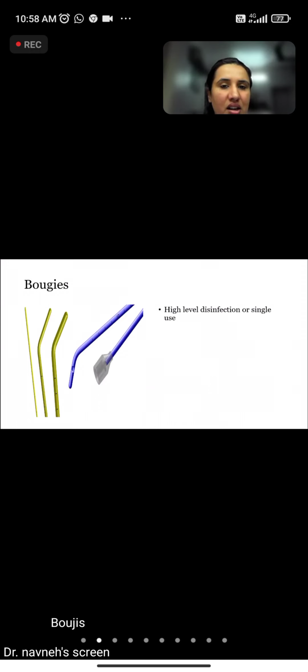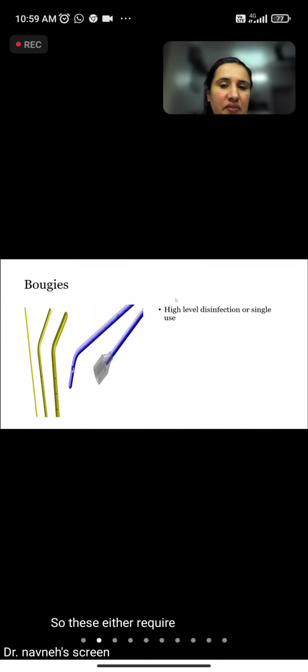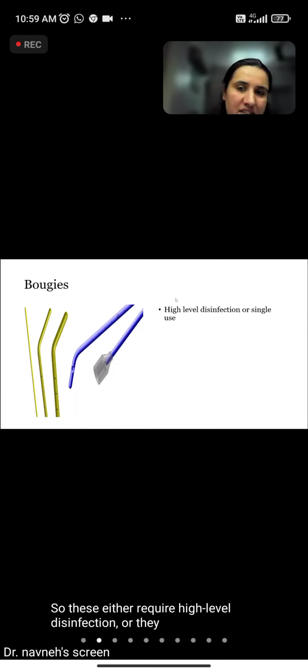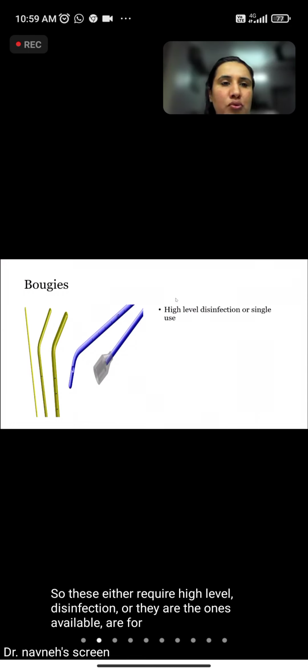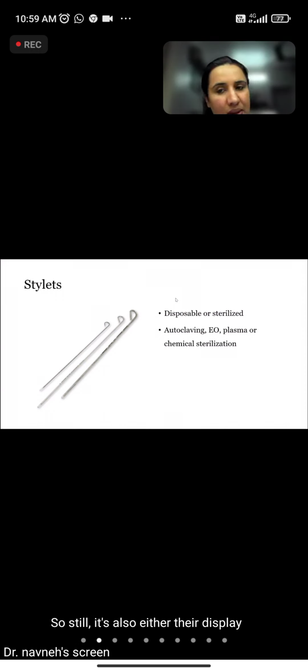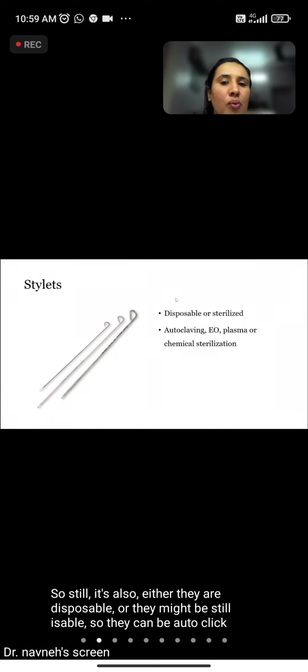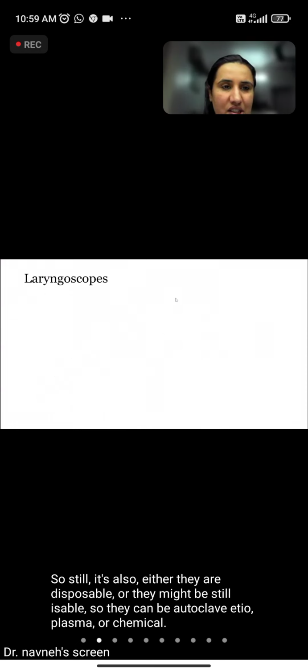Bougies are airway adjuncts which we use for difficult intubation. These either require high level disinfection or the ones available are meant for single use only. Stylets are either disposable or sterilizable. They can be autoclaved, ETO, plasma or chemical sterilization.